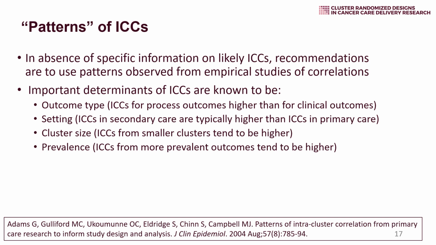Another important determinant is the setting. ICCs in secondary care are typically higher than ICCs in primary care, for example. Cluster size is also important. ICCs from smaller clusters tend to be higher. And prevalence is also important. ICCs from more prevalent outcomes also tend to be higher.